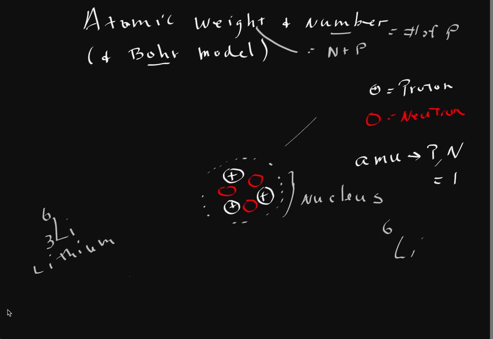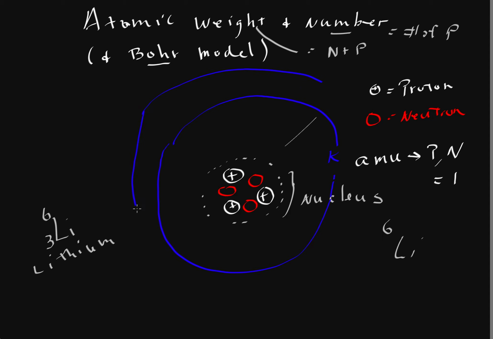Now, in the Bohr model, we also want to be able to track the other major type of particle, which are electrons. For the lithium atom, we'll draw 2 shells. There's an inner K shell, usually drawn in the Bohr model as a circle that goes around the nucleus.